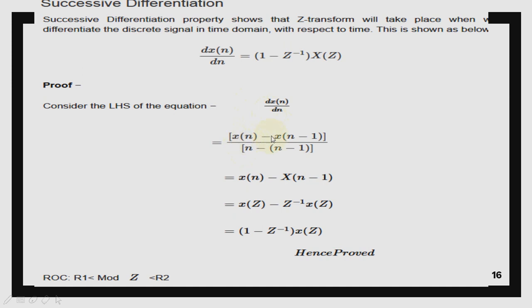So that is x of n minus x of n minus 1 divided by n minus n minus 1. So it becomes x of n minus x of n minus 1. So x of n is represented as x of z, and x of n minus 1 means z raised to minus 1 x of z. So it becomes 1 minus z raised to minus 1 into x of z. So hence proved, and its ROC is R1 less than mod of z less than R2.